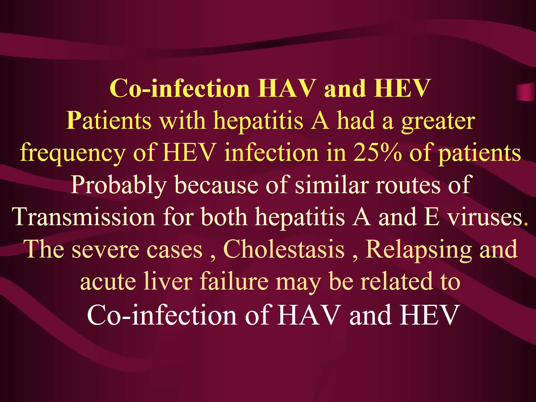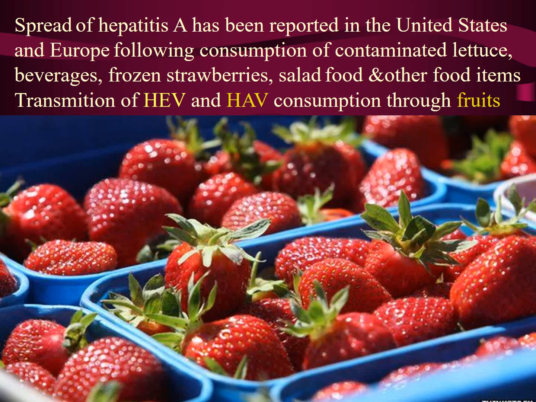The severe cases with cholestasis, relapsing, and acute liver failure may be related to co-infection of hepatitis E virus with acute hepatitis A virus. What is the case? This is a case of strawberries.